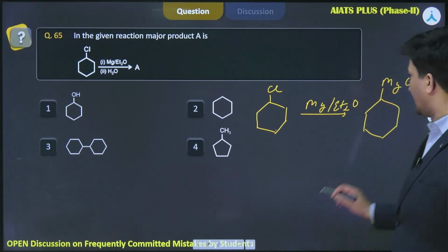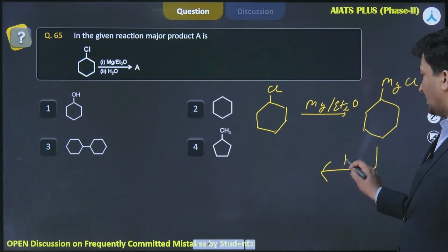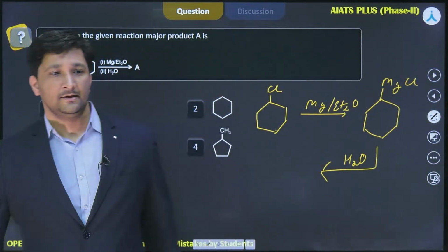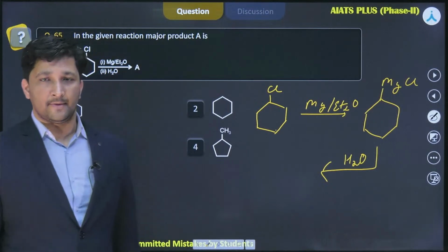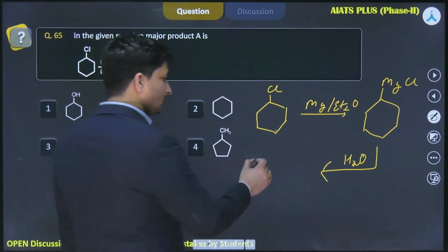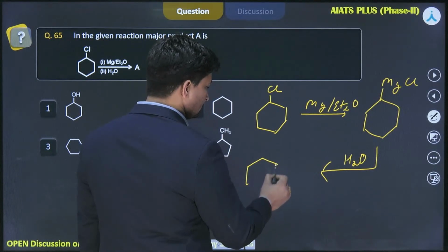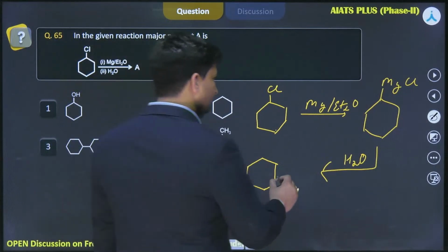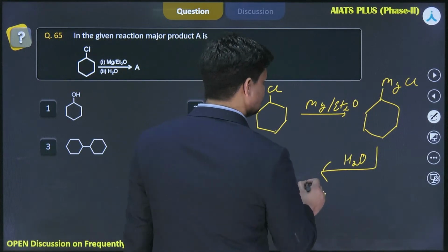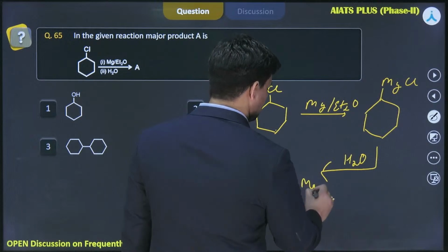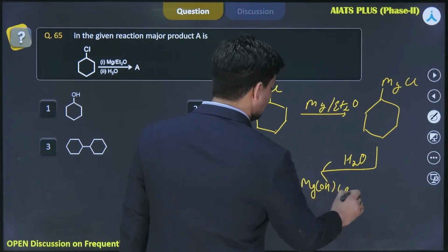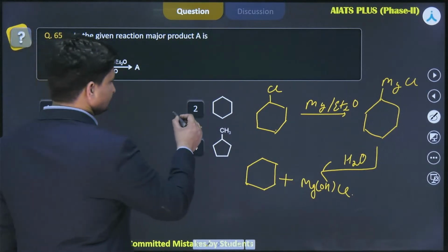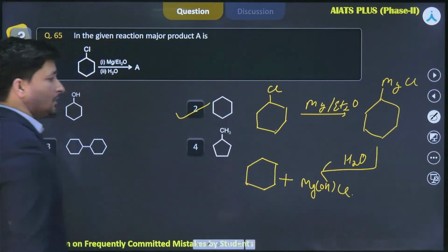Yes or no? Now, you all know that Grignard reagent reacts with H2O, or water. It actually gives back the alkane molecule. So you are going to get this cyclohexane, plus MgOHCl. So the product that we are going to get is definitely option number 2.